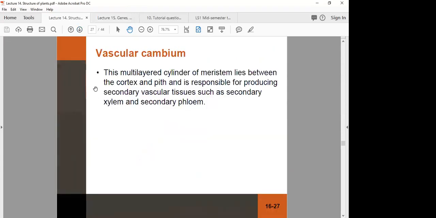All right, so we've just looked at the vascular cambium meristem. This is a multi-layered cylinder of meristem, and what we saw is that it contained 3 cell layers. It lies between the outer cortex and the inner pith cells, and it's responsible for producing secondary vascular tissues, such as secondary xylem and secondary phloem.